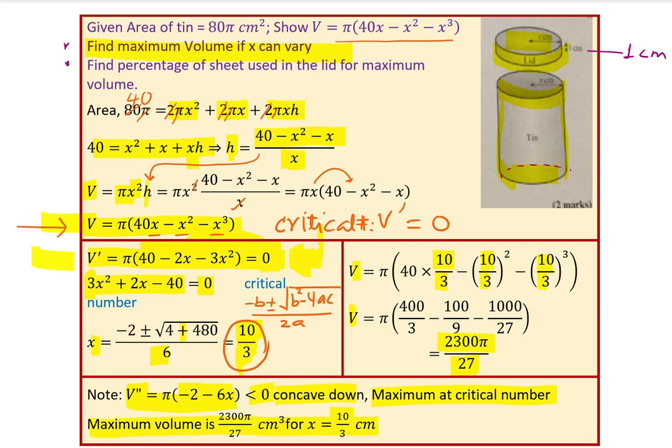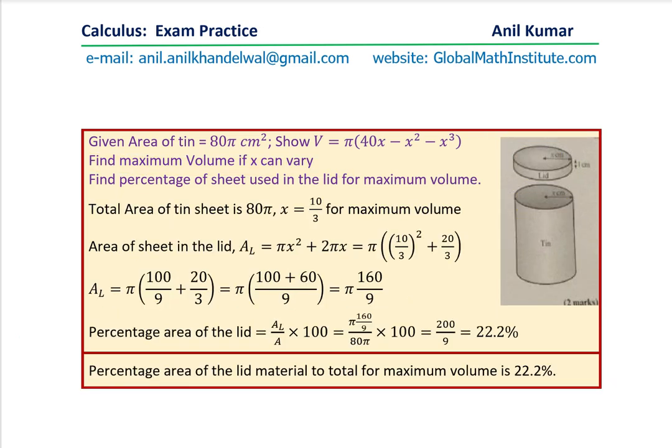Now let's see how to find the percentage of the sheet used for the lid. Well, we know the value of x, so from there we can figure it out. So here are the percentage calculations. Now we'll calculate the percentage of the sheet used in the lid for maximum volume. The total area is given to us as 80 pi, right? That is the total area. We know now x is 10 over 3 for maximum volume, correct?